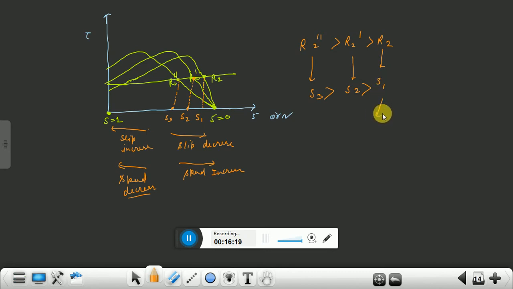Corresponding to R2 this is your N1, this is N2, and this is N3.